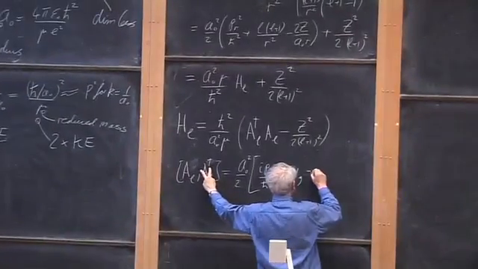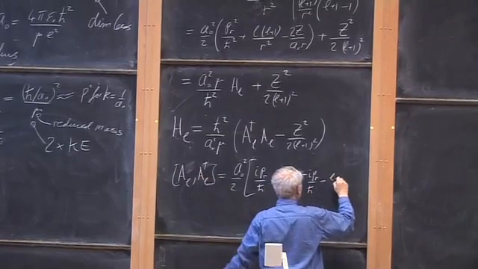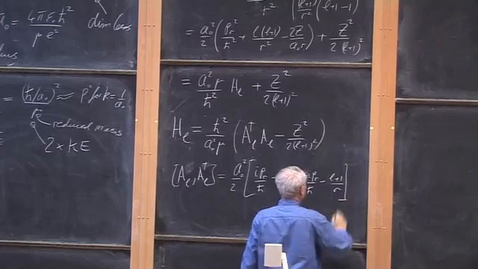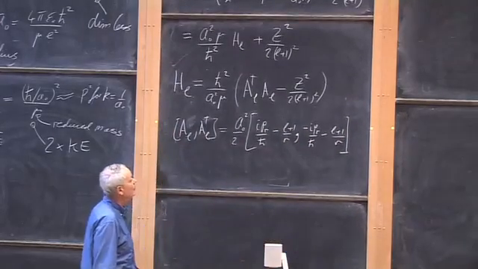Then I have to write down the corresponding parts of A dagger, which is minus i p_r over h bar minus (L+1) over r, and now I can rest easy. So this is the commutator that I have to do.